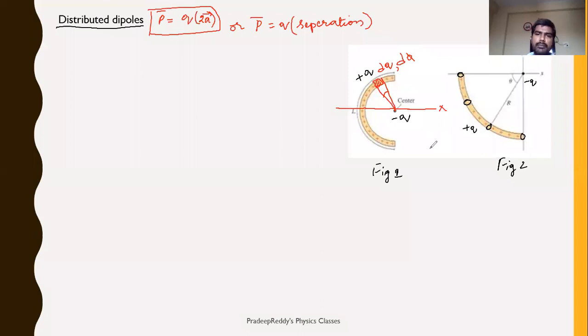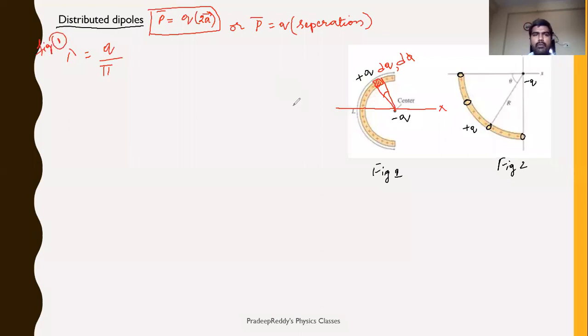The total charge distributed is capital Q, and it is distributed over the angle pi radian. So I can now write lambda is equal to Q divided by pi. Why am I writing pi here? Because the total angle subtended by this charge is 180 degrees, whereas in figure 2 the total angle over here will be 90 degrees.